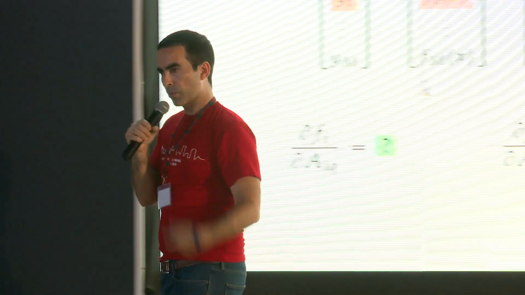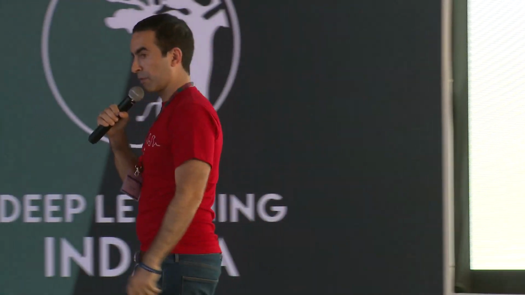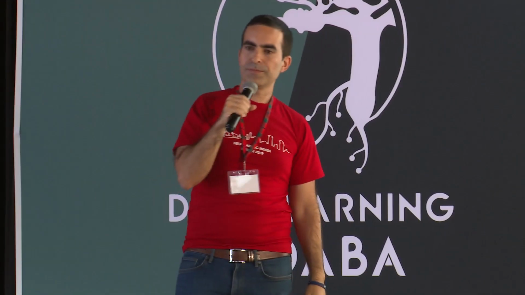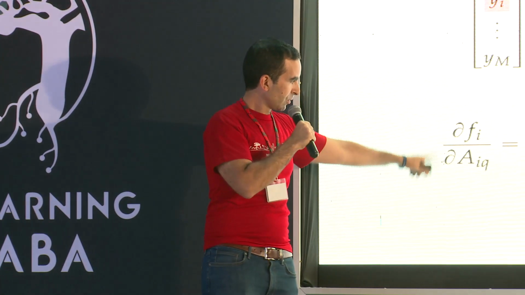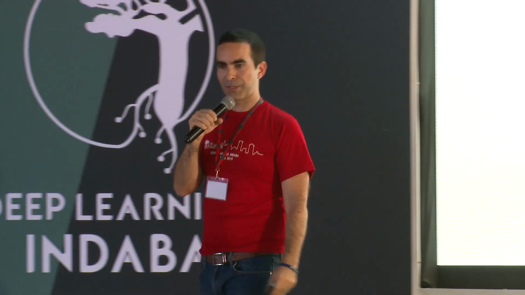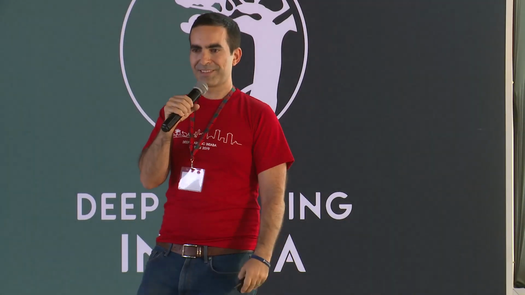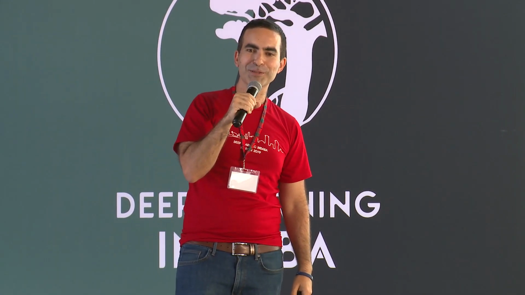So for a_iq, what should the derivative be? If I differentiate, it's like asking what the dependency on a_iq is. It's not difficult. Yeah, go ahead. What do you think it is?